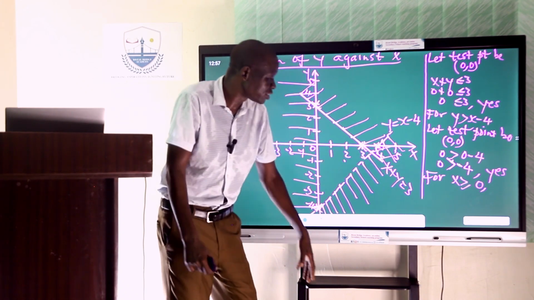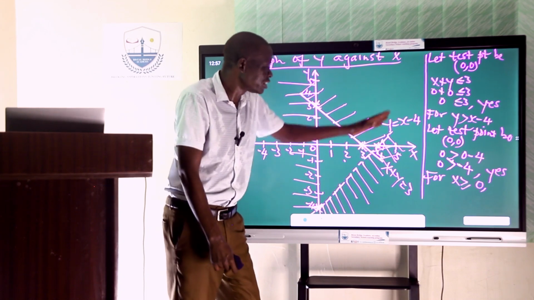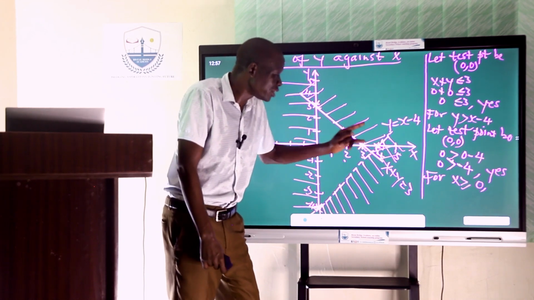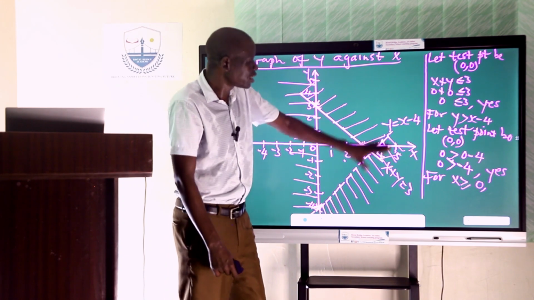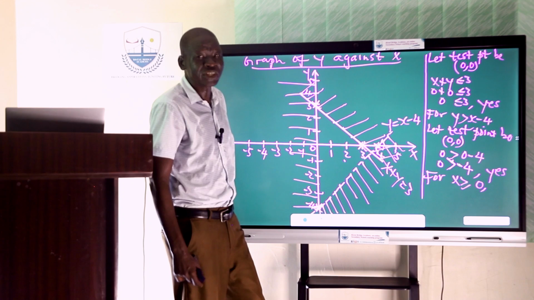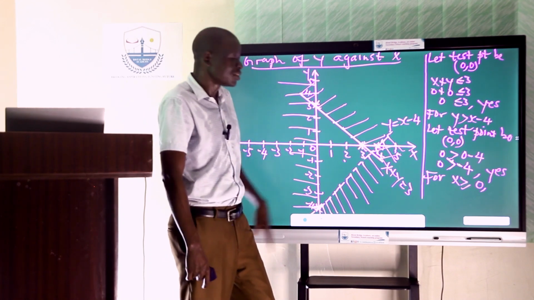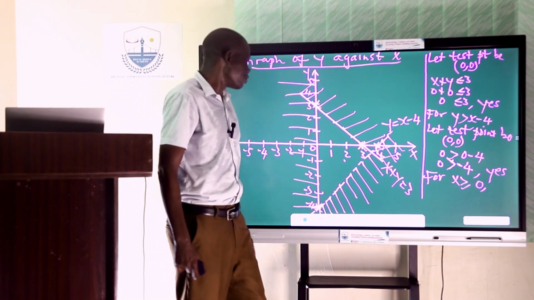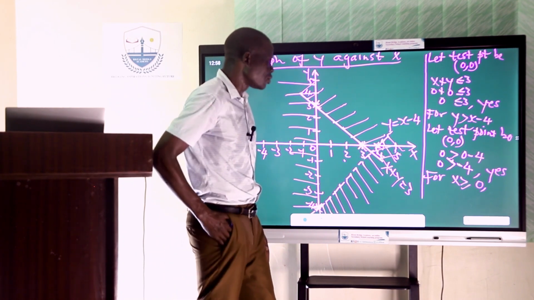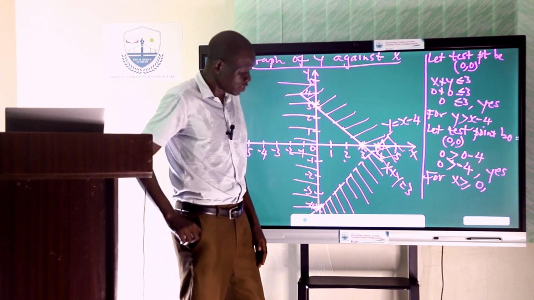After solving them, we shall get the values of x and y, but we are interested in only the value of x. When we get the value of x, this will act as the height of the triangle. Then we apply the formula for the area of the triangle, which is a half times base times height.